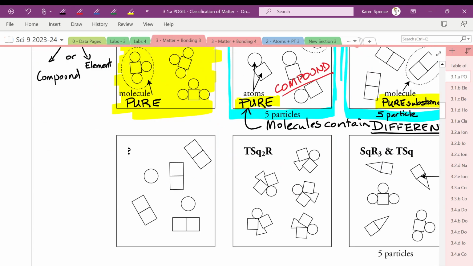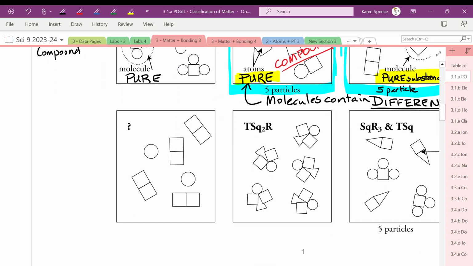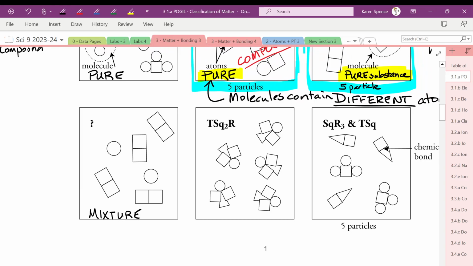How about the bottom left-hand corner? Is that a pure substance or is it a mixture? That's a mixture. How about the middle one at the bottom? Is that a pure substance or a mixture? That's a pure substance because they all look like, I always think those ones look like little angels or something that you would put on top of a Christmas tree.